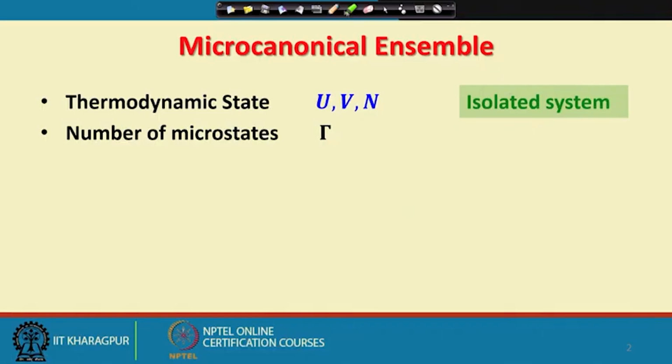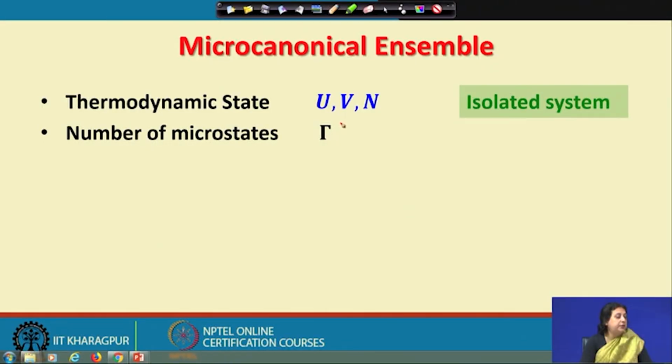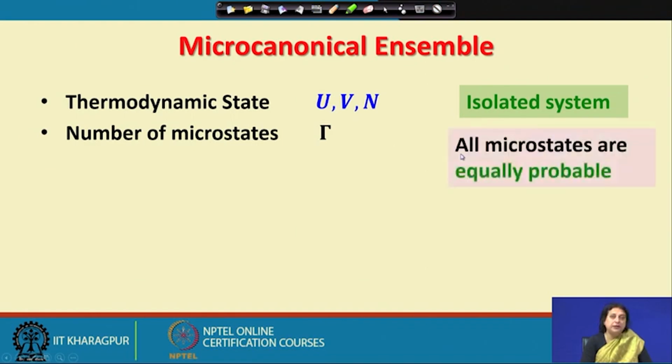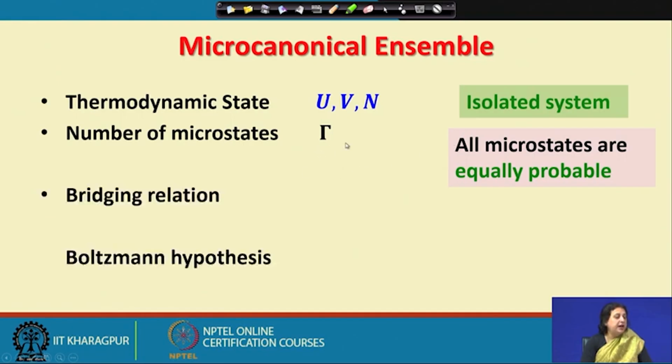So, what is gamma? Gamma is the number of microstates which conforms to this particular thermodynamic macrostate condition, and in this case I would use the fundamental hypothesis of statistical mechanics, saying that each and every one of these gamma microstates is equally probable.